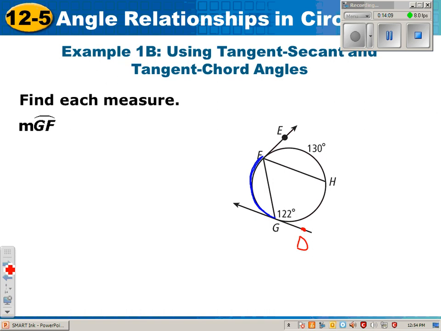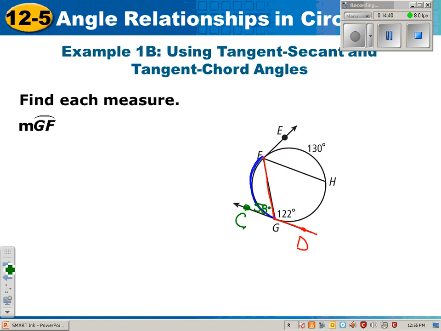When they're giving you an arc measure, they're always going to put it outside the circle. So if you're ever confused about what they're giving you, if it's outside the circle, it's referring to the arc. When it's inside here, that means they're giving you this angle measure. If that's 122 degrees, then what is angle FGC? 58, because they're supplementary, because they're a linear pair. So that's 58.